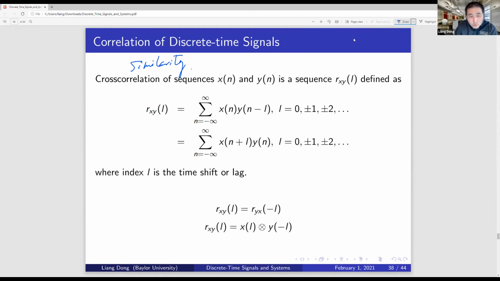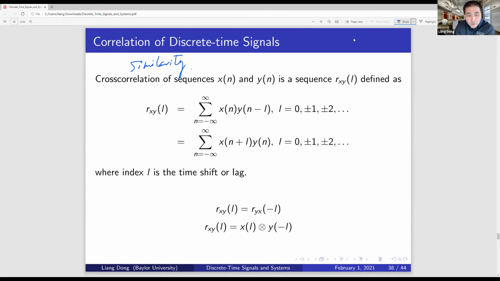And if it's autocorrelation, it wants to find the similarity between the signal and itself at a different time. So we have a lag of 0, no time difference, a lag of 1, minus 1, plus 2, minus 2, and so on and so forth. So let's look at it in general.